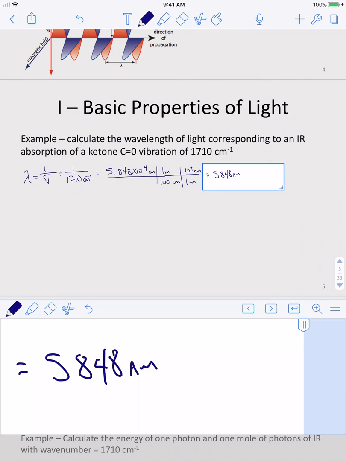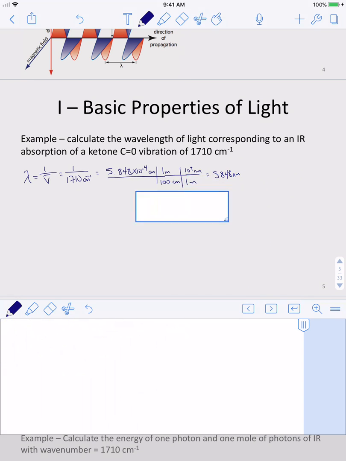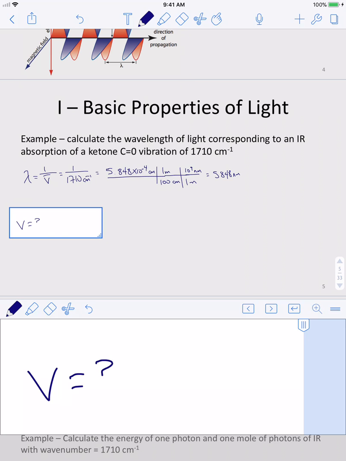What if we wanted to calculate the frequency of this wavelength? Well, again, frequency nu is equal to c divided by lambda.